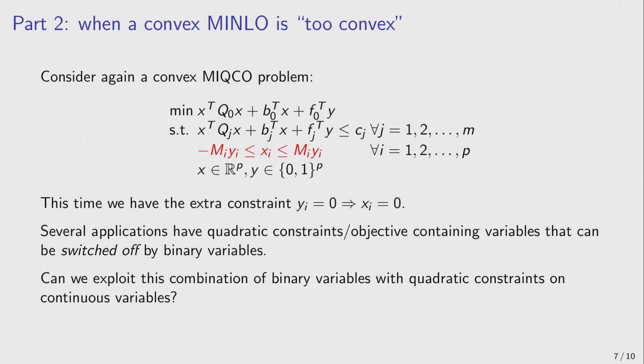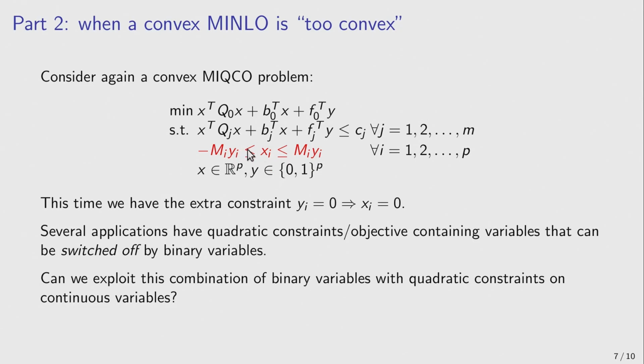This is slightly more intuitive work, and it uses our beloved perspective reformulation. Suppose you have, this time, a mixed integer quadratically constrained problem. So you still have a quadratic objective function, a bunch of quadratic constraints. This time I'm using two different names for continuous variables and for binary variables. So we have binary variables y that are sort of switch variables for the variables x.